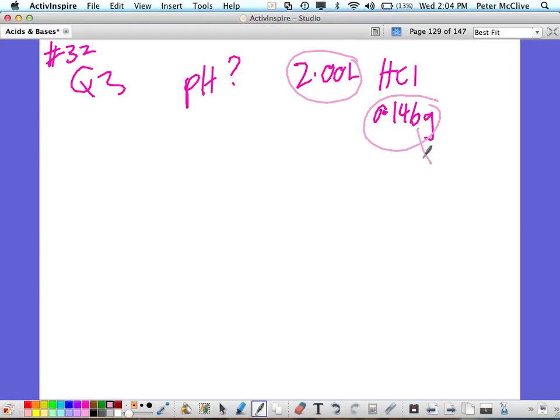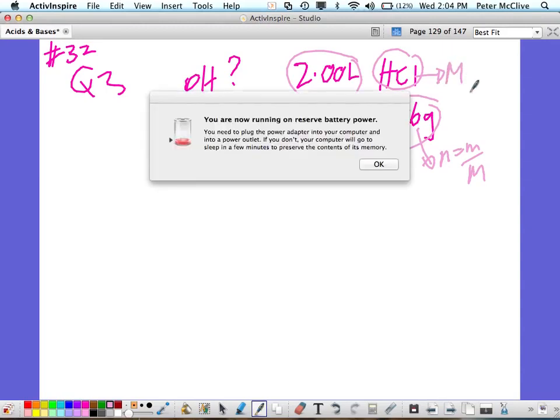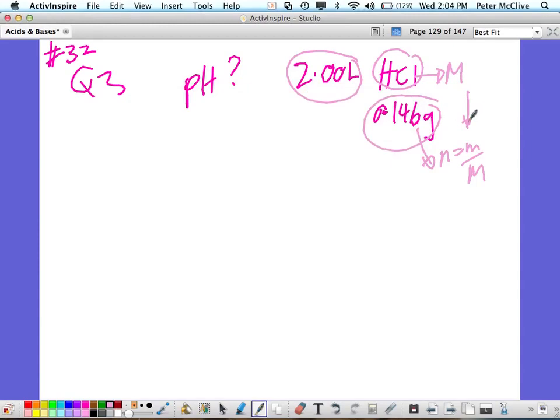So we're going to have to use n equals m on M to get the number of moles. So work out the molecular weight of this using our periodic table. That gives us the number of moles.